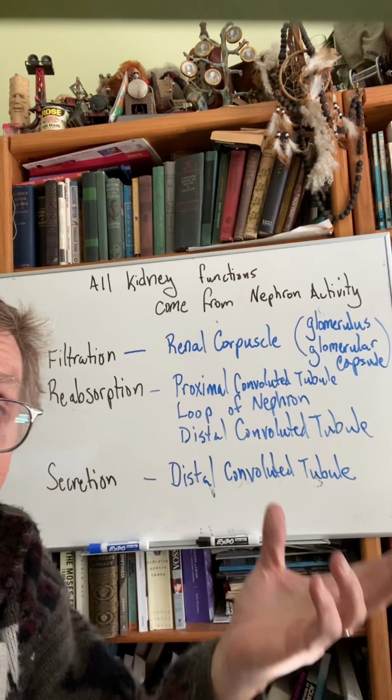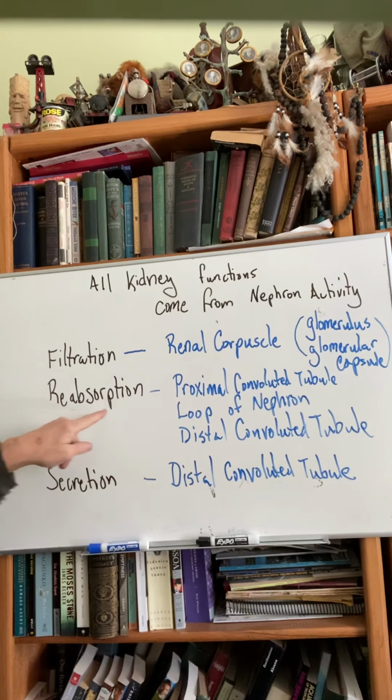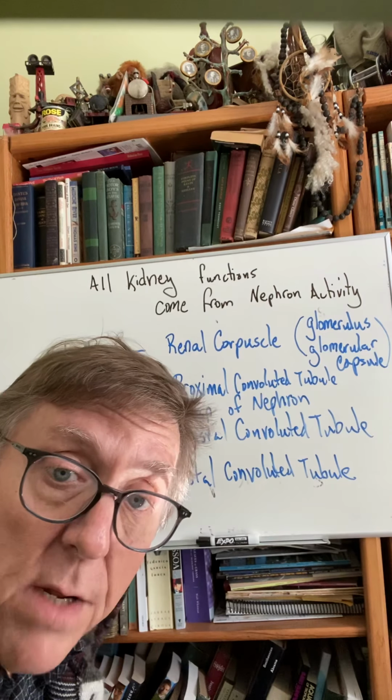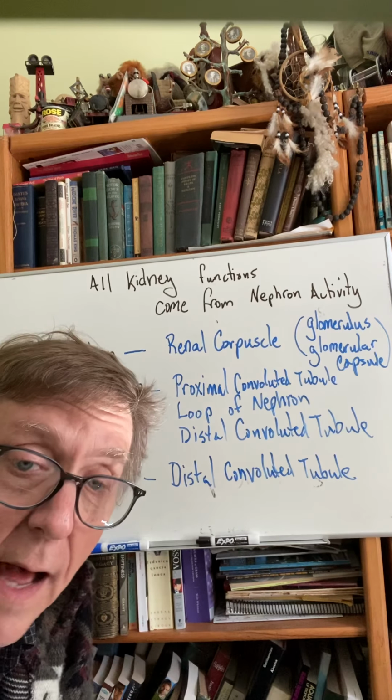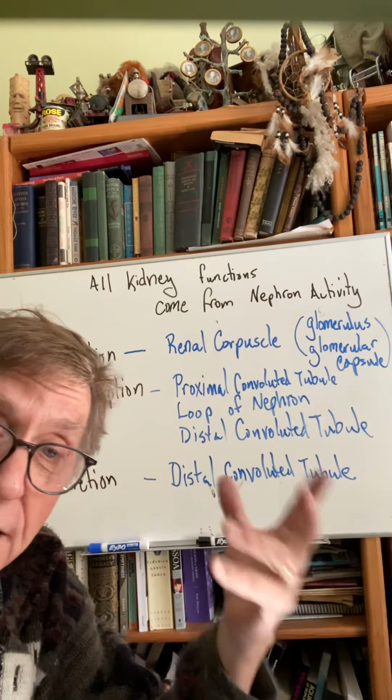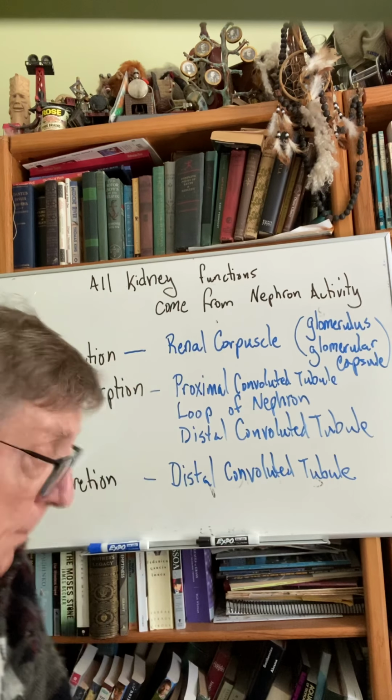And what did we say is going to happen? We're going to reabsorb the stuff that you want to retain. And so the second step in the formation of urine is going to be the reabsorption of what you might call the good stuff, the nutrients and other material you want to keep.